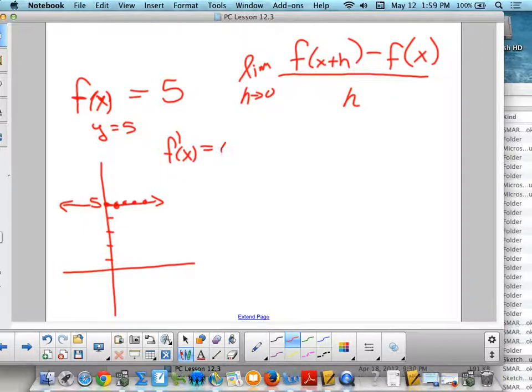The derivative is 0. Every point on that line has a slope of 0 because the line is flat. It's flat as a pancake. Unless you go to a really nice pancake place where they have thick pancakes. 0 is the slope everywhere on that line. Does that make sense?